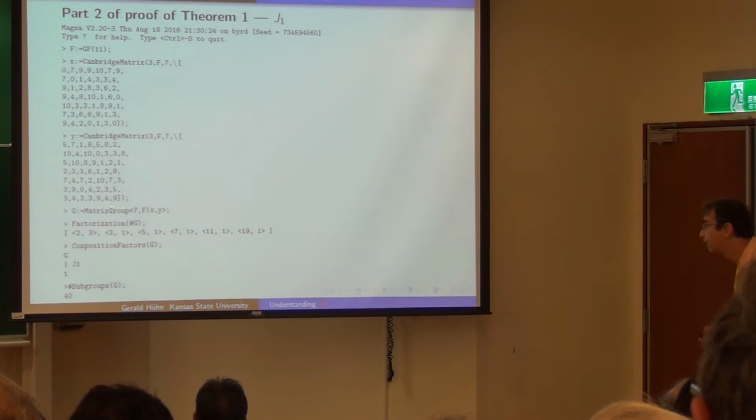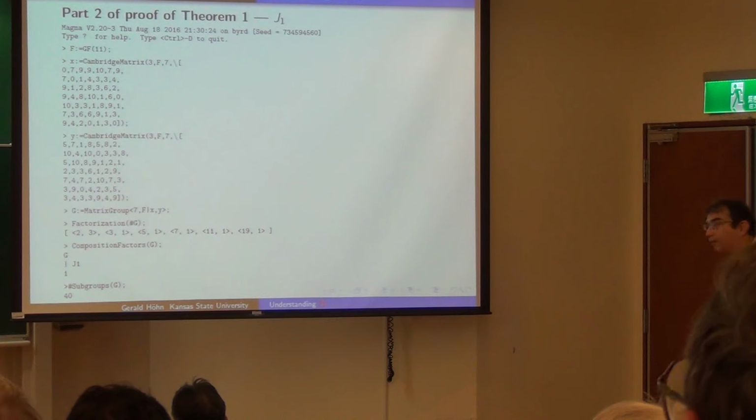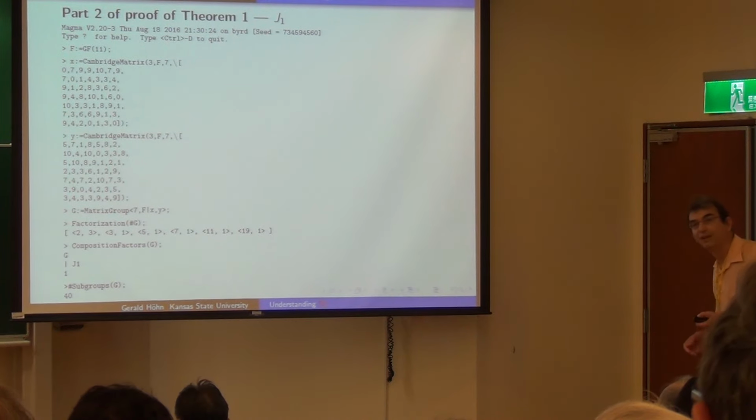You consider the matrix group generated by these 2 elements, and then you can just ask a computer algebra system like Magma, and it gives you the group order, and you can check what the composition factors are, and you can also do a computation like computing all conjugacy classes of subgroups, and the whole thing will take about a second or so.